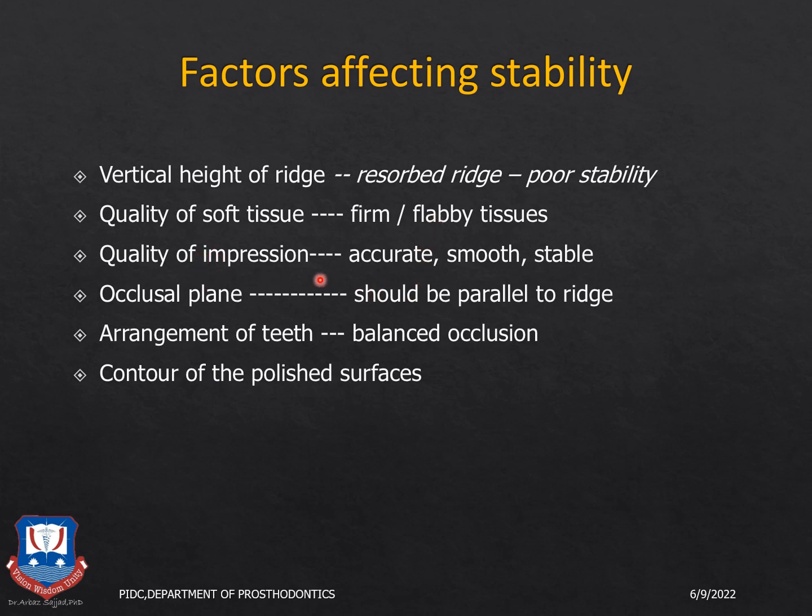Of course, the quality of the impression should be accurate, smooth, and stable. The level of the occlusal plane also, to a greater extent, plays a role in stability. If you have an occlusal plane which does not comply with the theories of jaw relation, then it may compromise the stability of the denture.